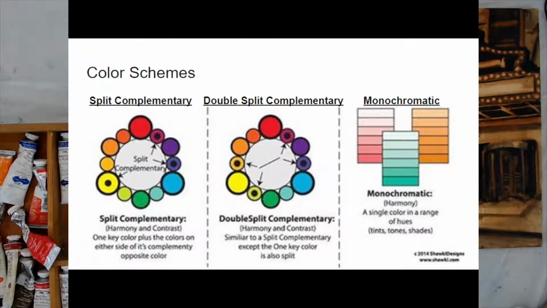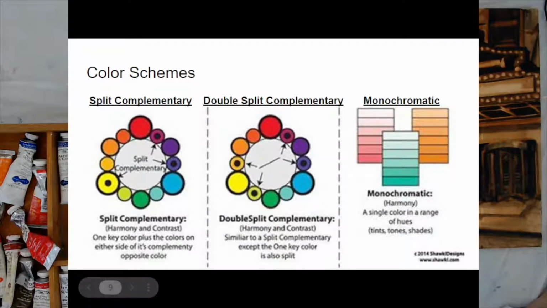In this example, they're showing you tints. It's a single color in a range of values, which can be tints, tones, or shades. So our underpainting is considered a monochromatic color scheme because it has tone. Okay, that would be an example of a tone.